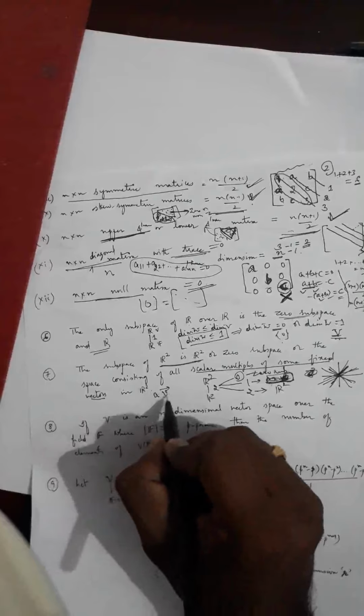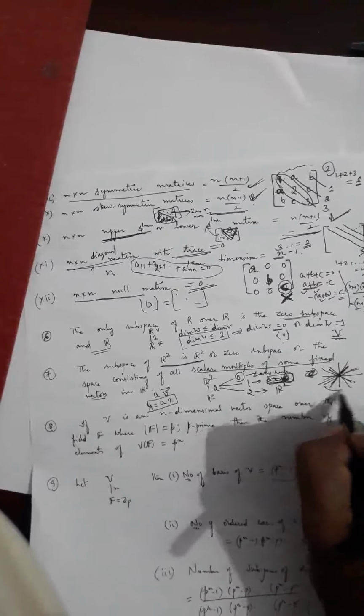That's the space consisting of all scalar multiples of some fixed vector. Let me fix a vector V and the scalar is a. Instead of V, take V equals x. That is y equals ax, which is nothing but the straight lines which pass through the origin.